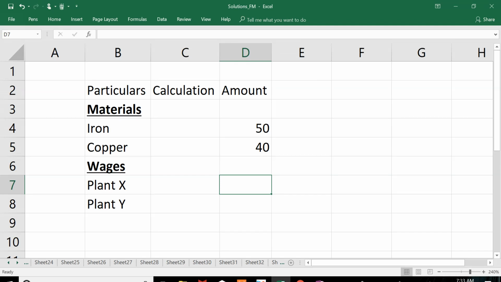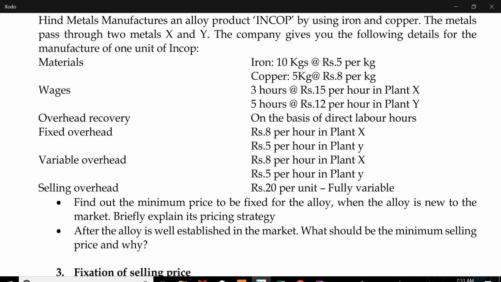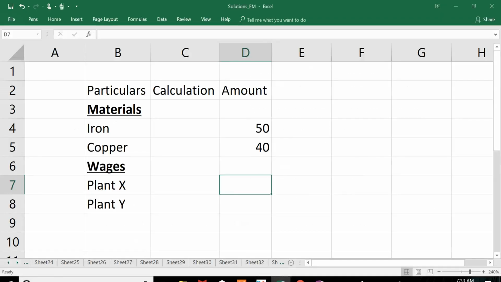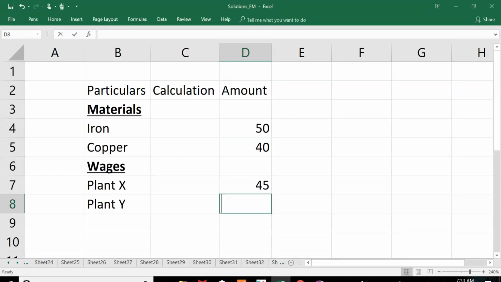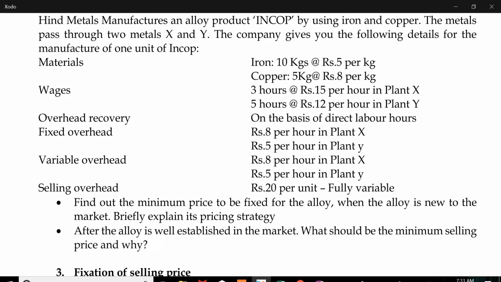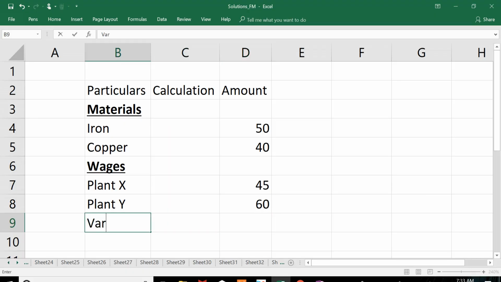Wages, plant X and plant Y. Plant X is how much? 45. Please participate. There's nothing there to calculate also. 45. Plant Y is 60. 5 into 12. Iron was 10 into 5, copper was 5 into 8, wages is 3 into 15, 5 into 12, variable overhead.